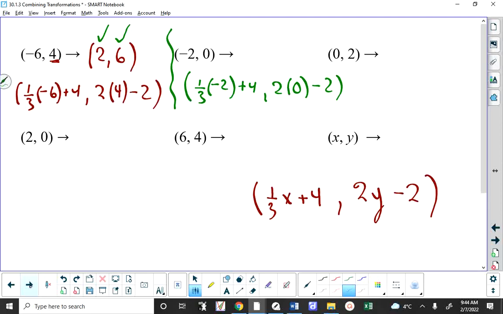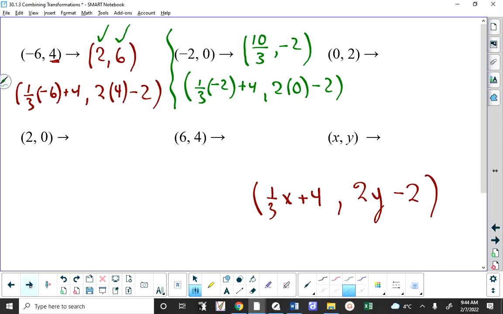Figure out what 1/3 times -2 plus 4 is in fractional form. We better get 10 over 3. And you get 10 over 3. Figure out what 2 times 0 minus 2 is. I hope you don't need your calculator for that. 2 times 0 is 0, minus 2 is -2. So this maps to 10 thirds, comma, -2, which is correct when you look at the graph.